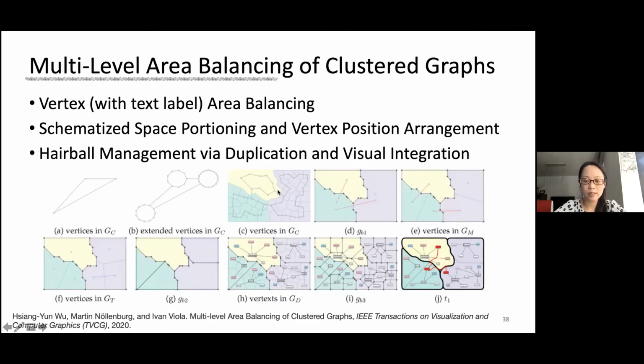the screen space into certain regions, and based on different levels of detail, we try to embed the network within certain regions and try to keep a balanced distance between each pair of vertices.